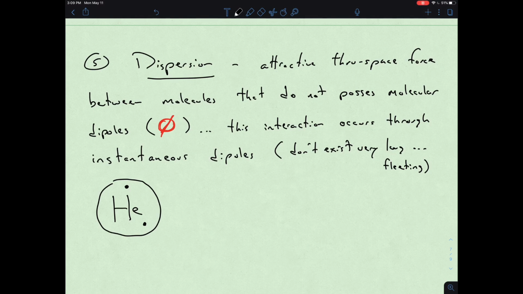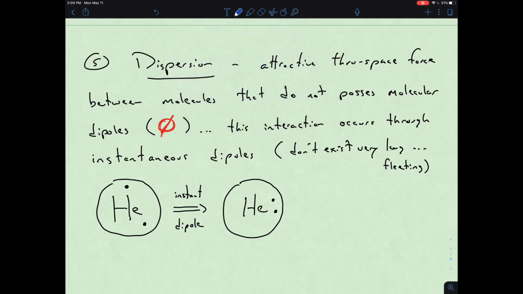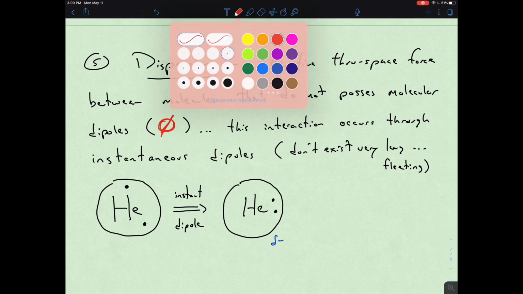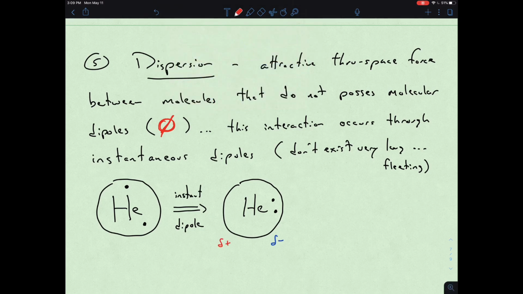And so what we find is that notion of an instantaneous dipole, where our helium atom will have those two electrons on the same side, right? It's a probability, it's a possibility. And that sets up the notion of an instantaneous dipole.